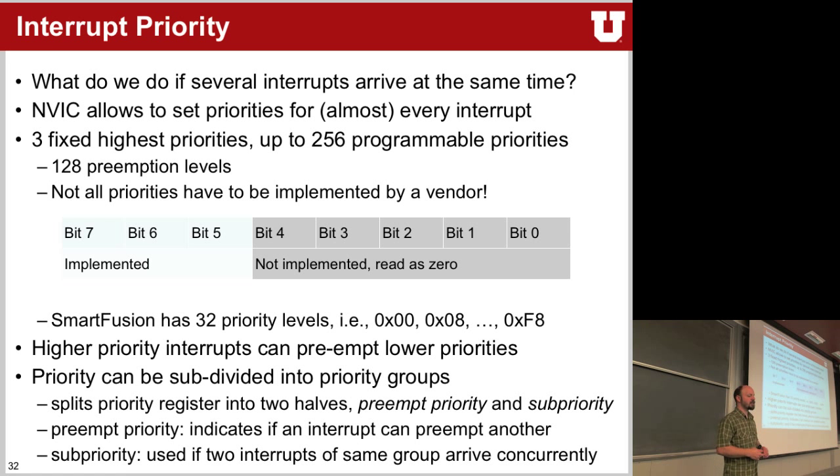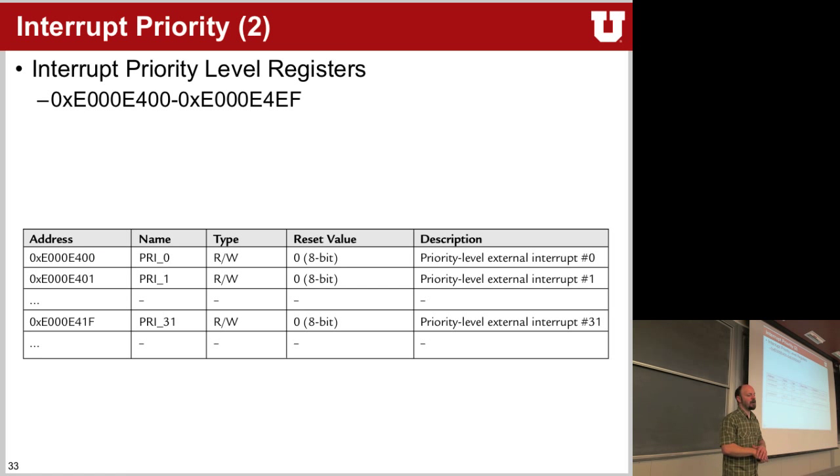So priorities can subdivide into priority groups. So you can actually have multiple different groups of different priority levels. We will look at that in detail in a second. So where do you set this? Well, interrupt priority levels, there is a big register array again. It goes from 400 to 4EF. And each one of these registers is the priority level for one of the interrupt lines.